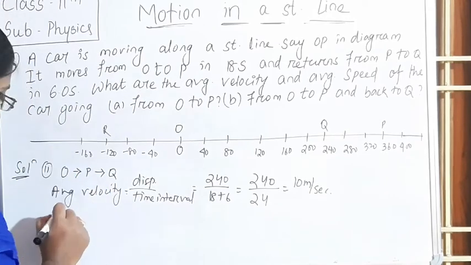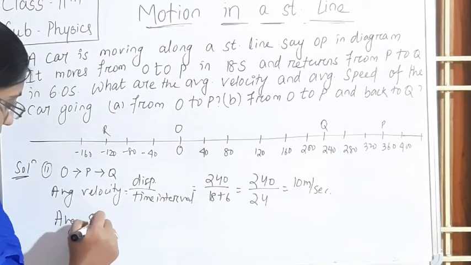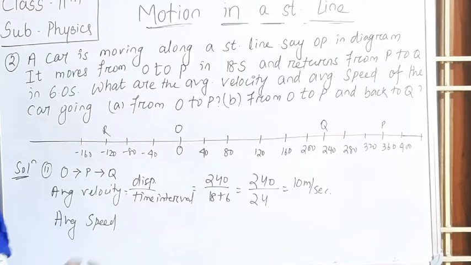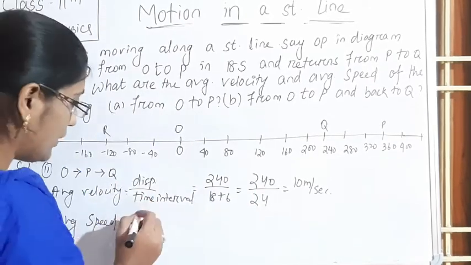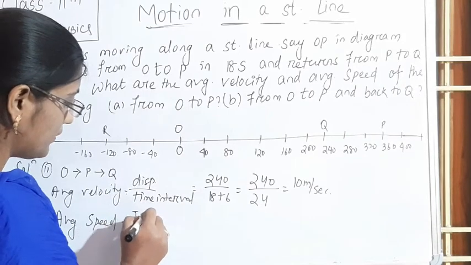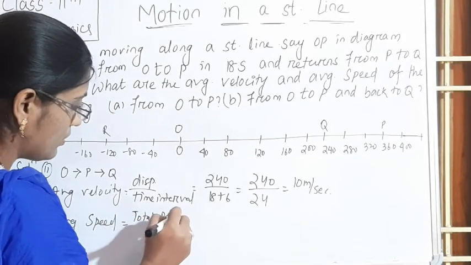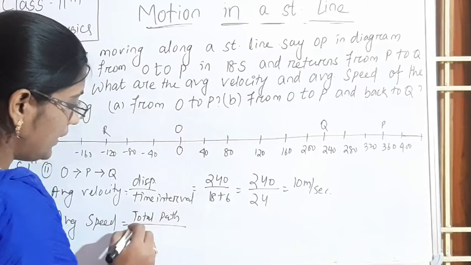Now we have to find the average speed. Here the formula is total path covered by total time interval.